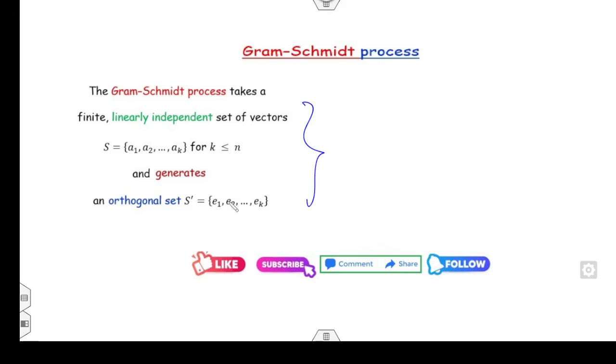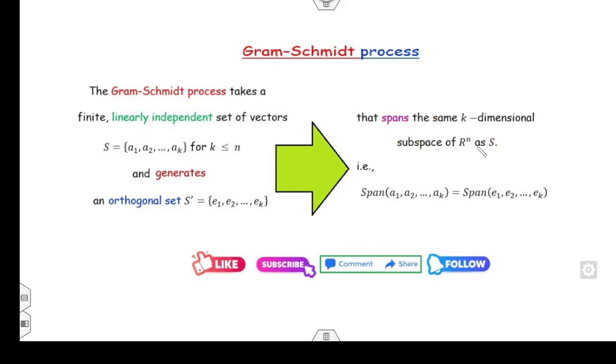We have to formulate the relation between the given ai's and the obtained ei's: the span of the ai vectors and the span of the orthogonal vectors must be the same. Only then can you say the Gram-Schmidt process is applicable. The most important thing is that the vectors on which you apply the Gram-Schmidt process are linearly independent.